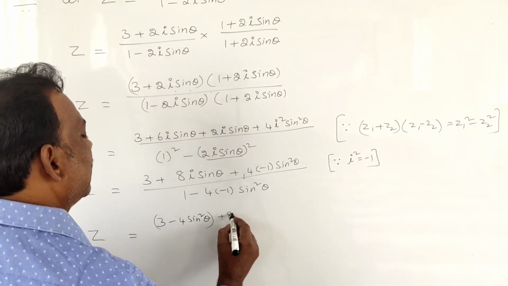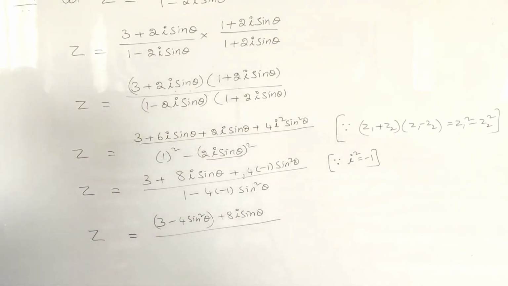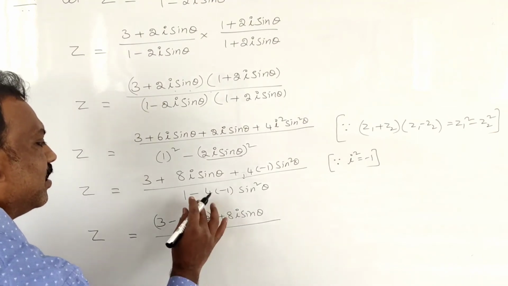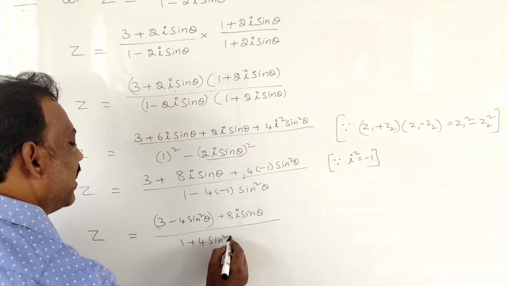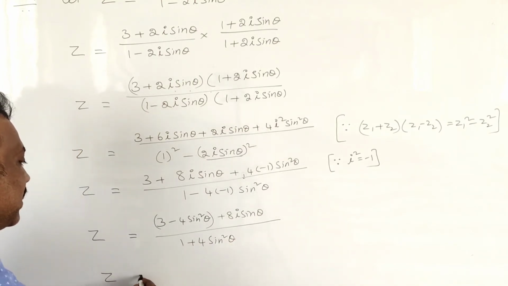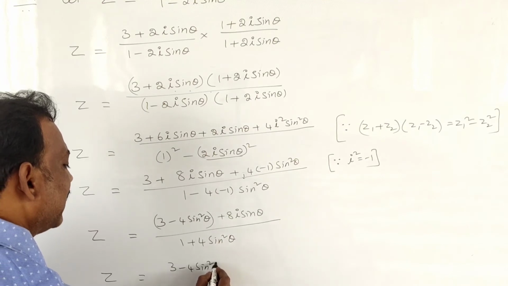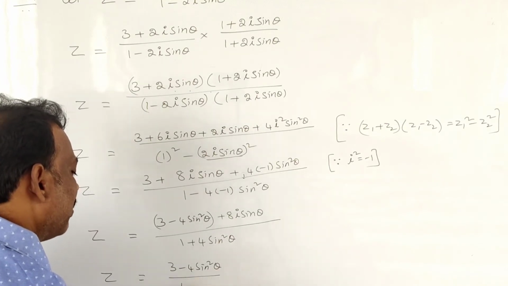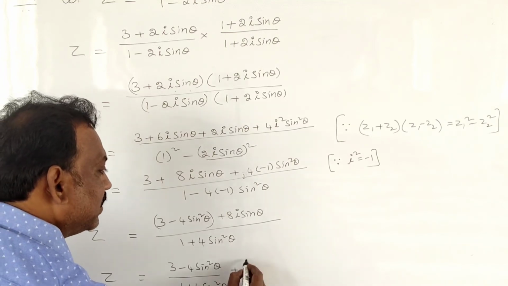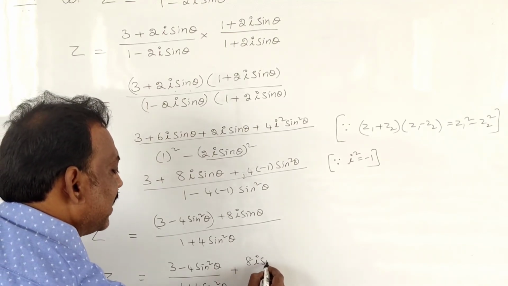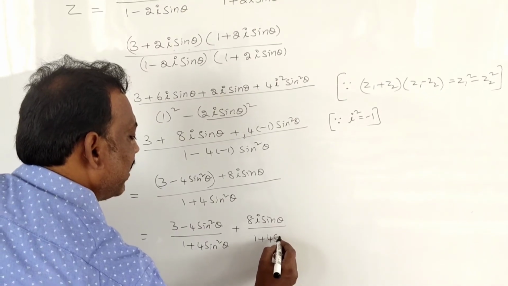So you can write 8i sin theta. Now you can see the denominator: 1 minus into minus plus 4 sin square theta. So z is equal to (3 - 4 sin square theta) upon (1 + 4 sin square theta) plus 8i sin theta upon (1 + 4 sin square theta).